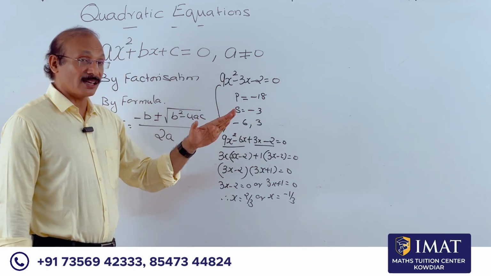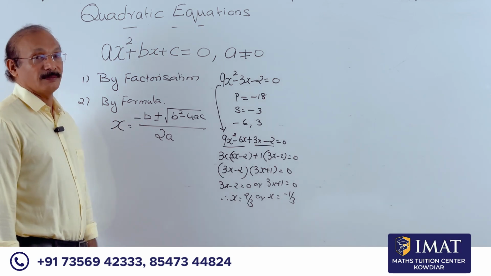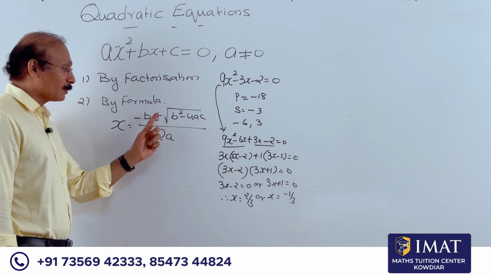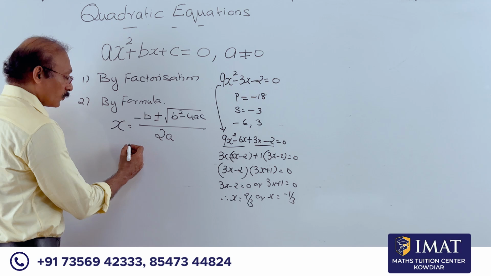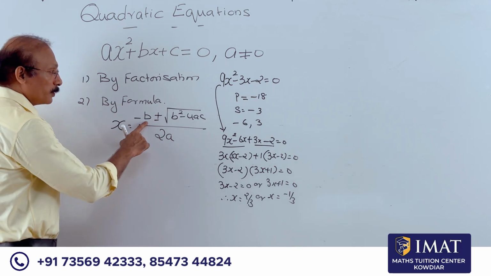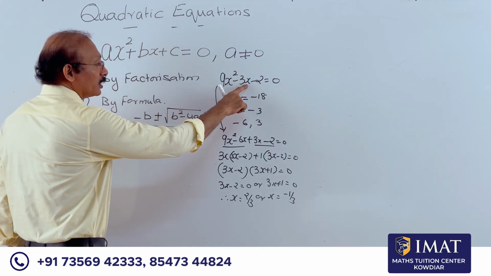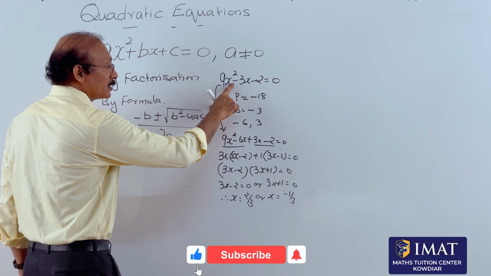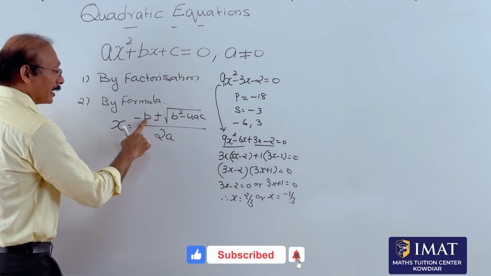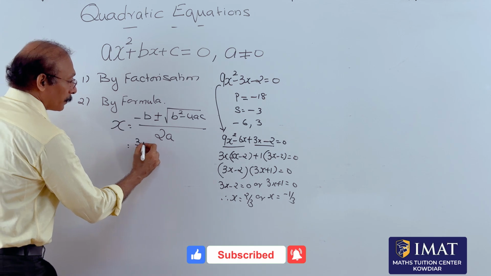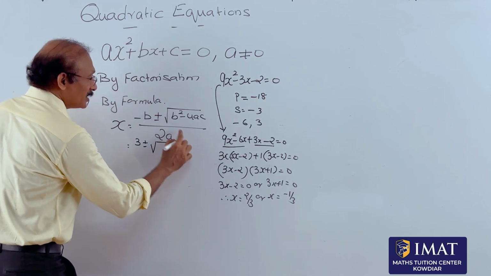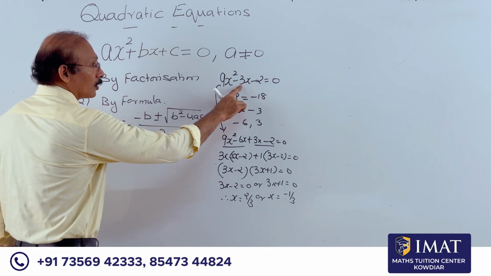Now let us solve the same question using the formula. What's the formula? X is equal to minus b plus or minus root of b square minus 4ac divided by 2a. What is b? B is the coefficient of x, which is minus 3. So what will be minus b? It will be plus 3. Plus root of b square, that is, we need to take the square of the coefficient of x.